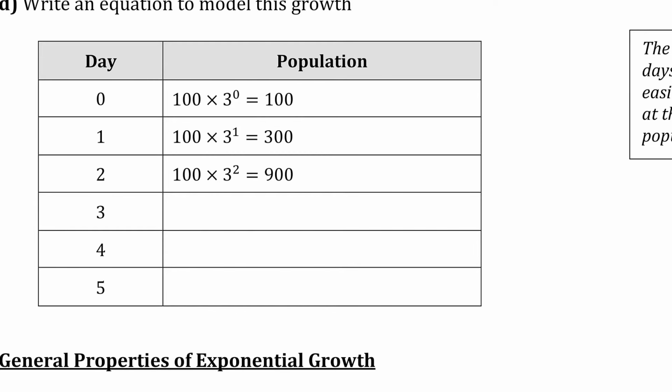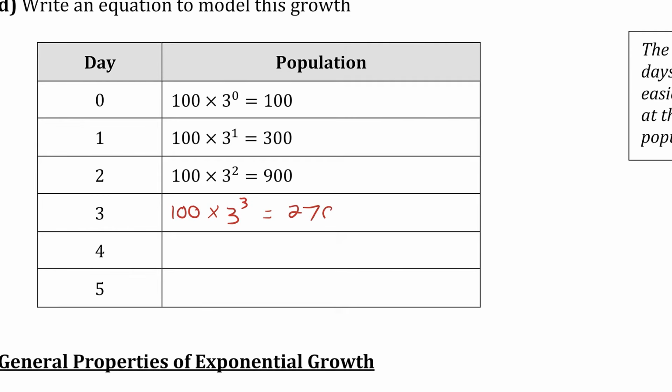But then after 1 day elapsed, that initial population got multiplied by 3 1 time. On day 2, the initial population of 100 got multiplied by 3 twice. And after 3 days have elapsed, the initial population of 100 would get multiplied by 3 three times, right? 3 to the power of 3 is 27, times 100 is 2700.